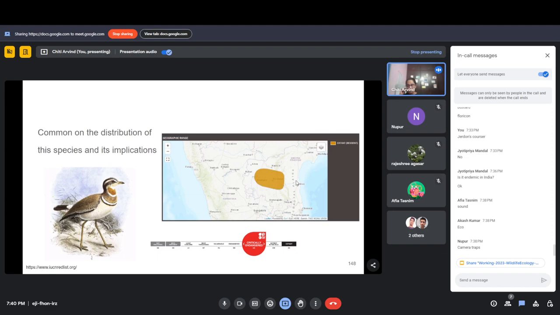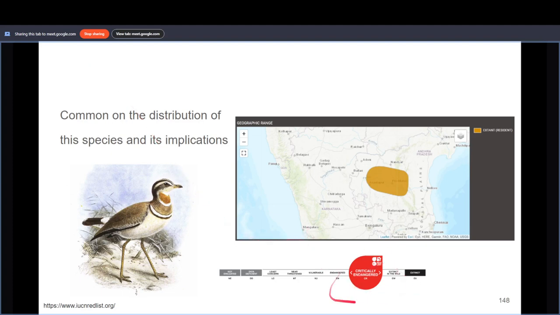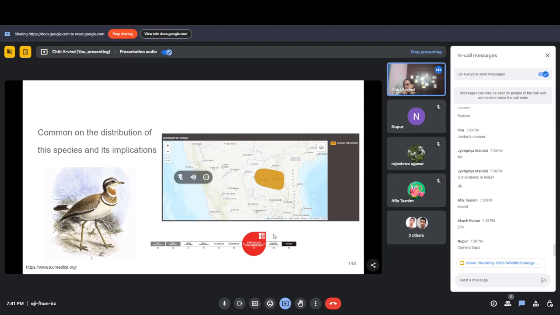Does anybody know what critically endangered means? You can see the bar below in this figure given alongside. Out here it's written critically endangered. What is this classification? Does anyone have any idea?